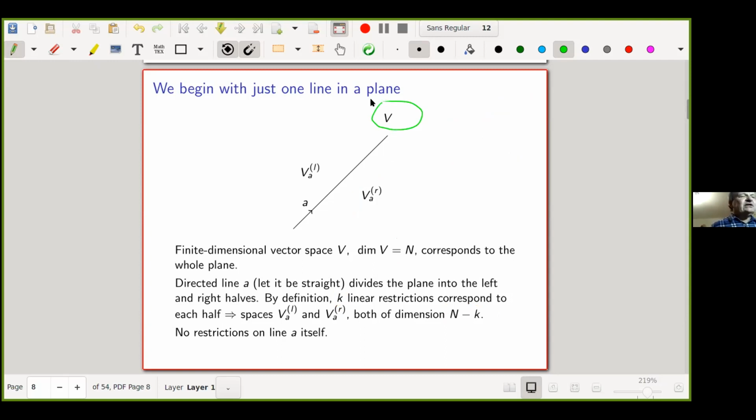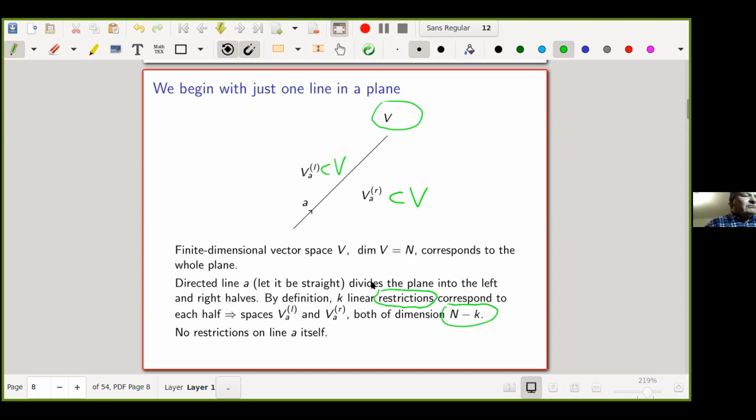Just by definition, if I have a plane in my picture, then there is a vector space called V. And if I have a line, then I have two subspaces, by definition of dimension. That's all. I used this word restriction. I simply like this word for some reason.